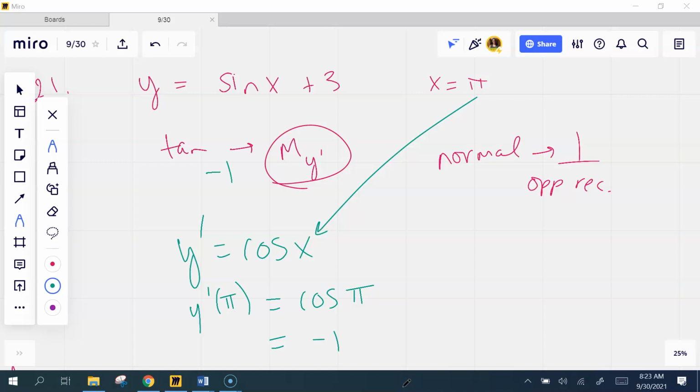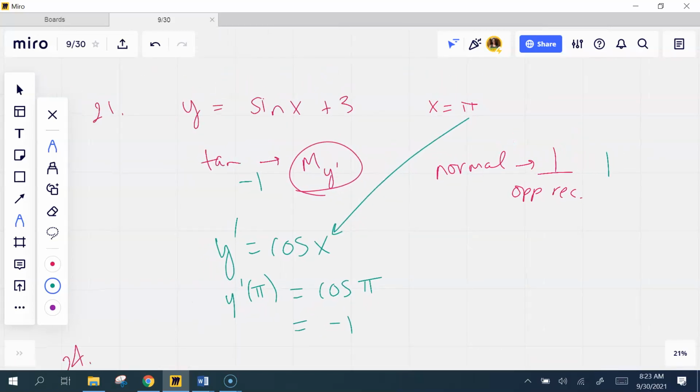So what do you do? Opposite reciprocal. Flip it, change the sign. Yes, -1 is like -1 over 1, so when I flip it and change the sign, I get 1.